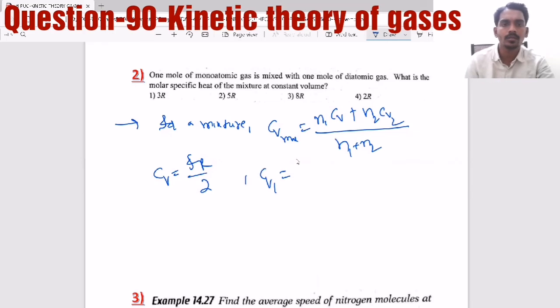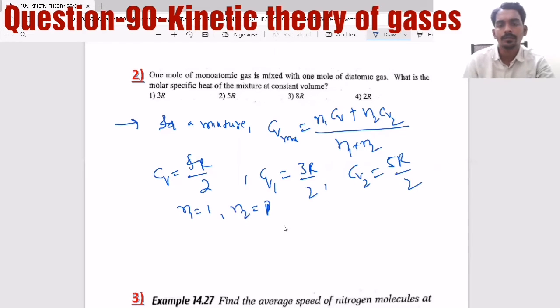Here CV1 for the monoatomic gas, f is 3, so 3R by 2, and CV2 for the diatomic gas is 5R by 2. Now N1 is 1 mole, N2 is also 1 mole. Now you can get CV mixture. Then you have to find CP mixture, that is CV mixture plus R.